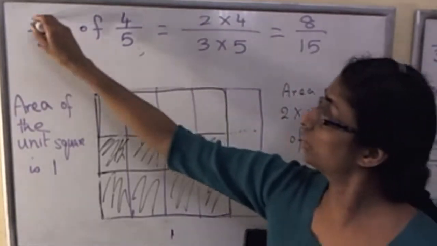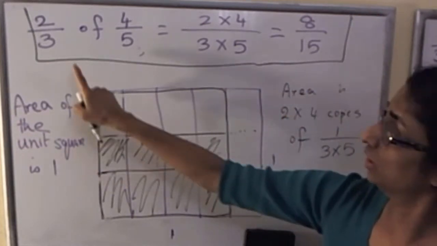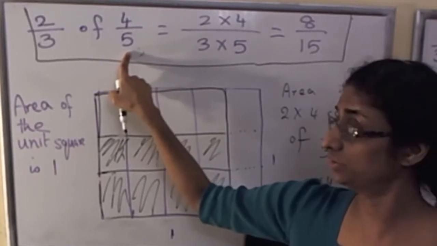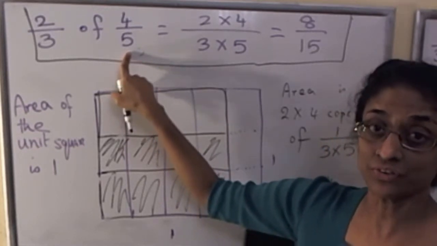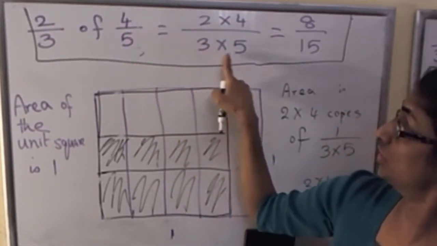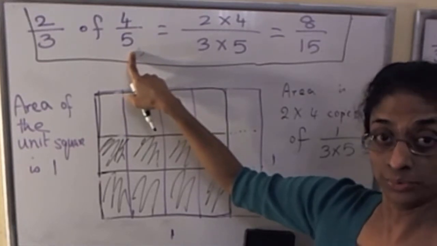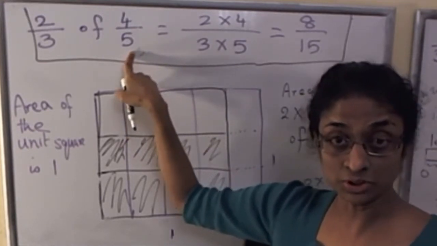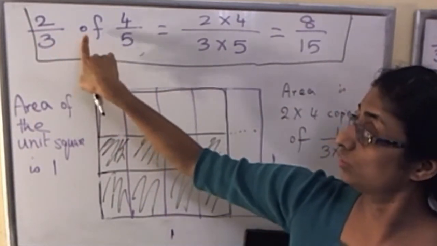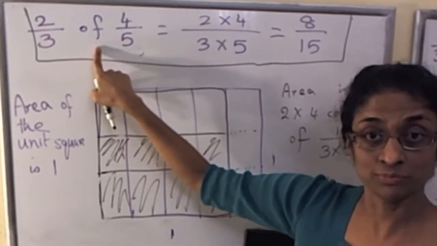So for now, I want you to remember the following. 2/3 of 4/5, with either the number line model or the area model, is a fraction whose numerator is the product of the numerators and whose denominator is the product of these 2 denominators. So what we've done in this video and in the previous video together is we have given a mathematical interpretation for what "of" means.